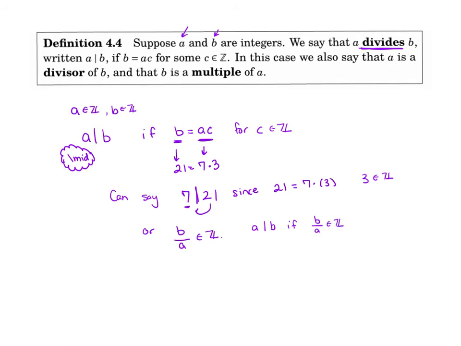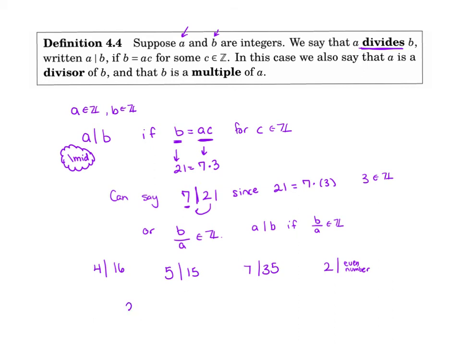So I could say 4 divides 16 because it goes evenly into 16. 5 divides 15. 7 divides 35. 2 divides any even number, and so forth.